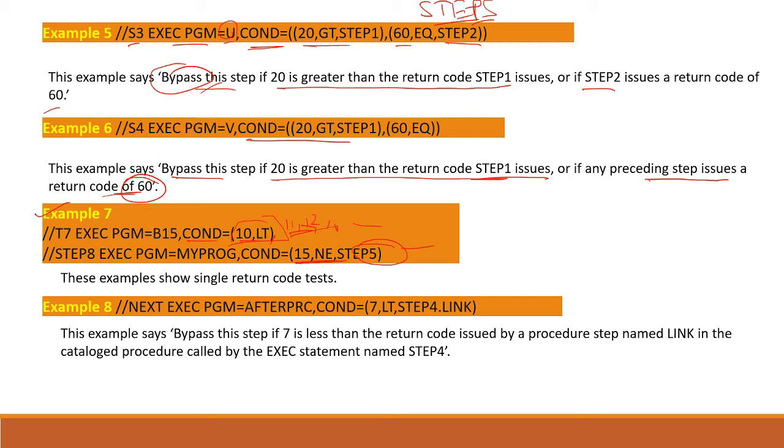If it is not equal to 15, then this step will be bypassed. And there is 7 less than, with step 4 of the link procedure. If 7 is less than the return code of step 4, which is available in the link procedure, then this will be bypassed.